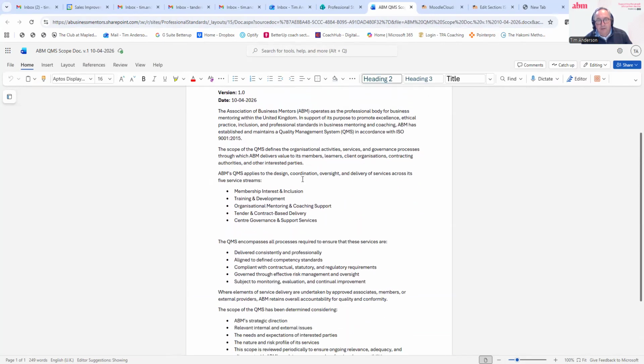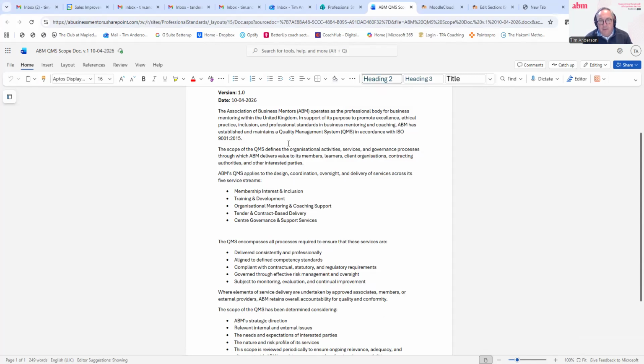And so if we read through this at the moment, we can see the Association of Business Mentors, the ABM, operates as the professional body for business mentoring within the United Kingdom. In support of its purposes to promote excellence, ethical practice, inclusion, and professional standards in business mentoring and coaching, ABM has established and maintains a quality management system in accordance with ISO 9001 2015.